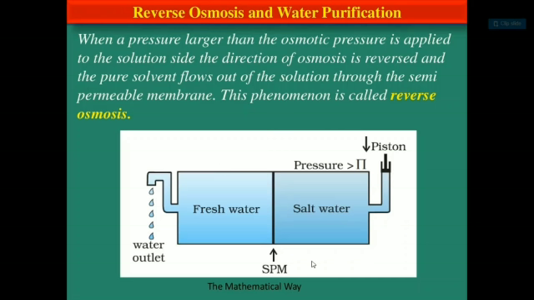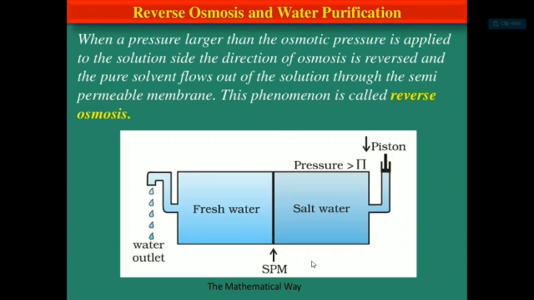Due to osmotic pressure, solvent moves from the solvent side to the solution side, that means from lower concentration to higher concentration. But if any other pressure which is more than the osmotic pressure is applied to the solution side, then this pressure is used to move solvent from the solution side to the solvent side.